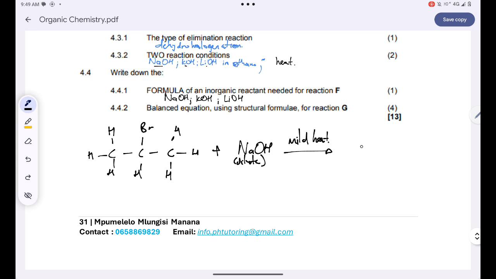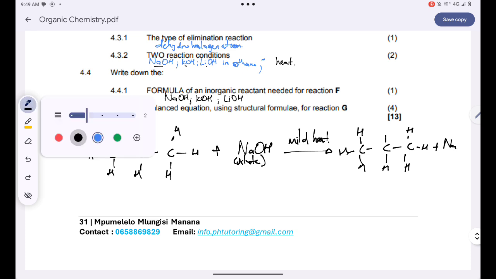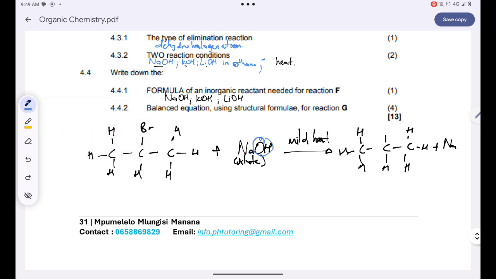And then what will happen is that the only difference over here, guys, will be the bromine and the OH. So these two will just switch places.